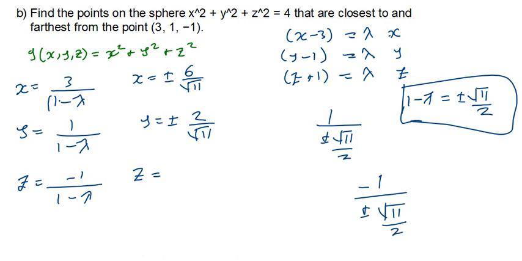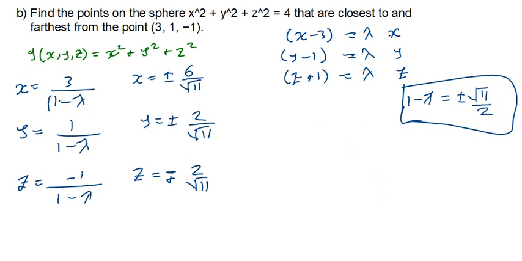You observe that if I multiply this positive by that negative, I'm going to get a negative. Then this negative by that negative, I'm going to get what? Positive. So that would be 2 over 11. So it's negative or positive instead of positive or negative. We really need to be careful at that point.